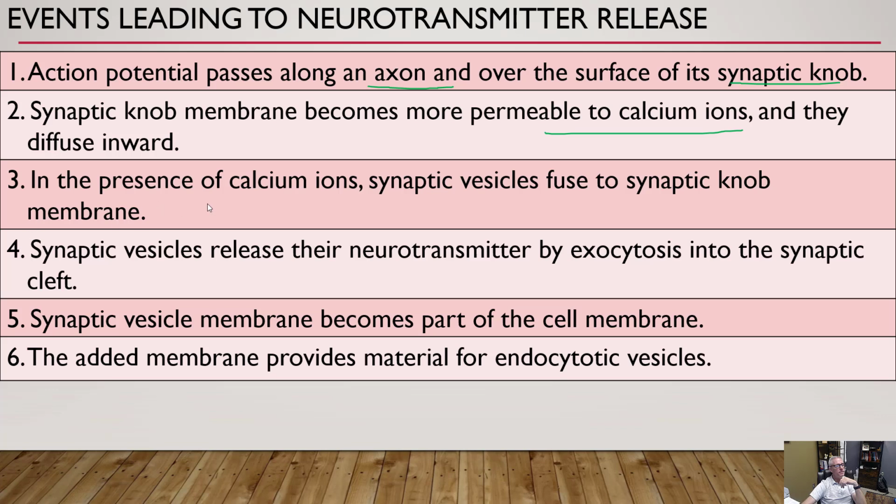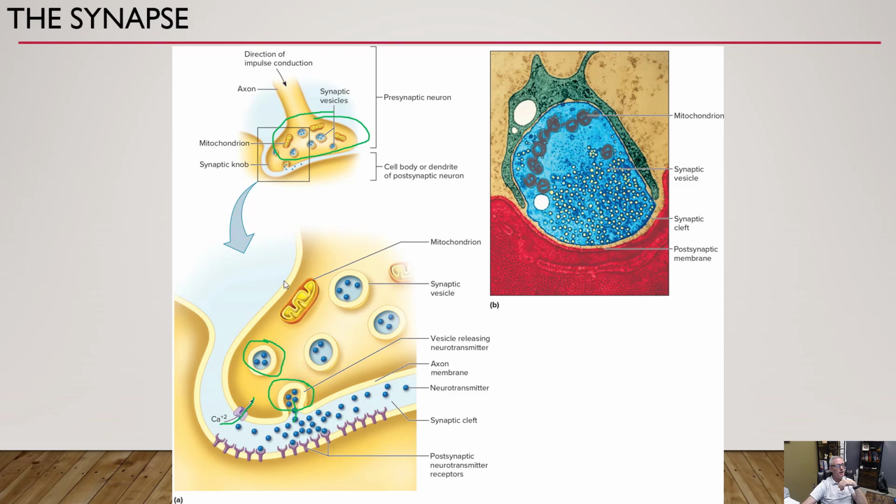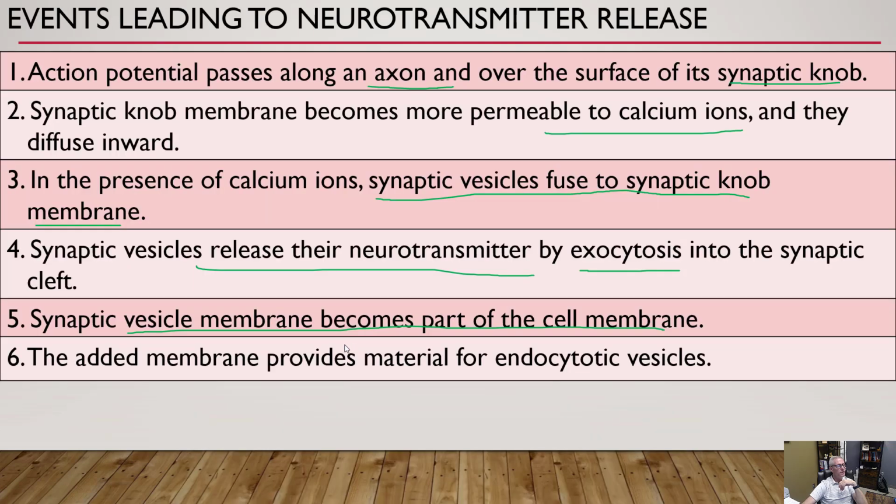Then those synaptic vesicles fuse to that membrane of that synaptic knob. Then that neurotransmitter gets released by exocytosis into that synaptic cleft. Remember, exocytosis is an active process that requires ATP. And then that vesicle becomes part of that cell membrane, part of that synaptic knob's cell membrane.